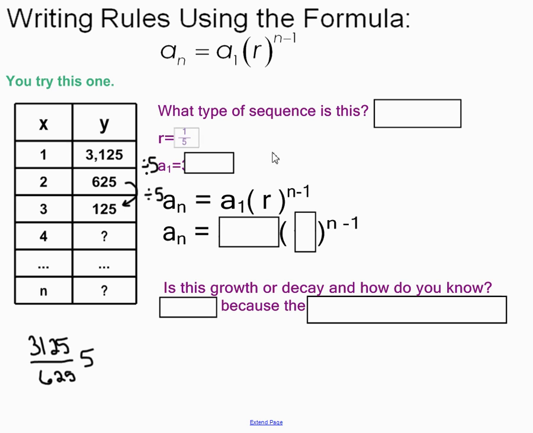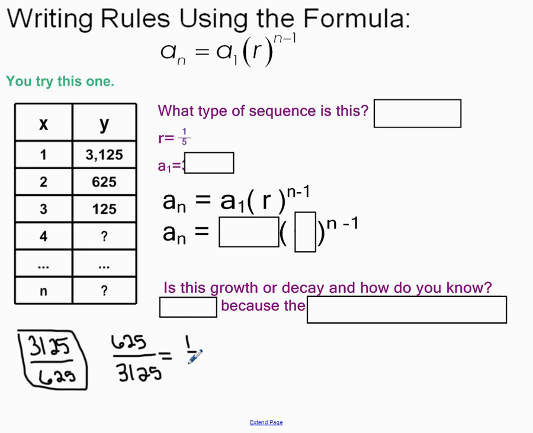Now, if I choose to, and I really need to, I need to write my ratio as a fraction. And there is a way of doing this. So I'm going to show you. If I wrote it as my second term over my first term, it's going to give me 1/5.